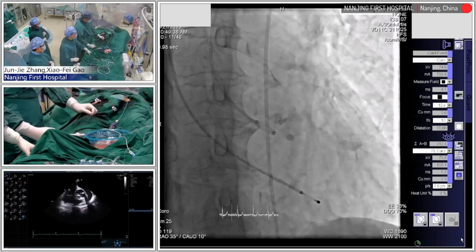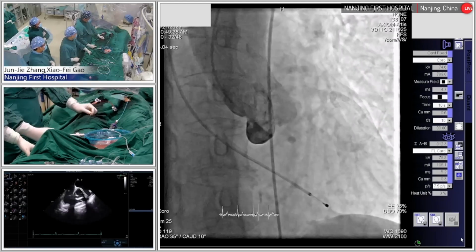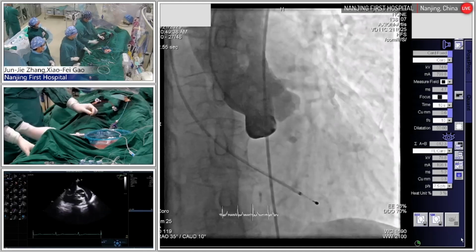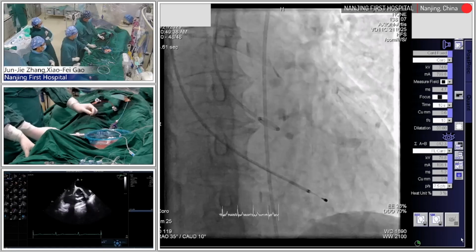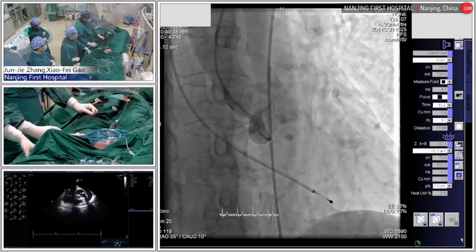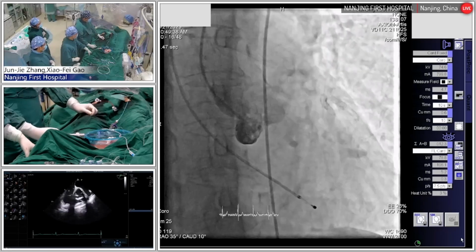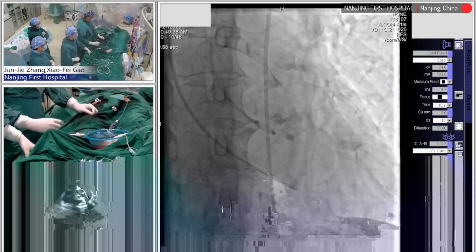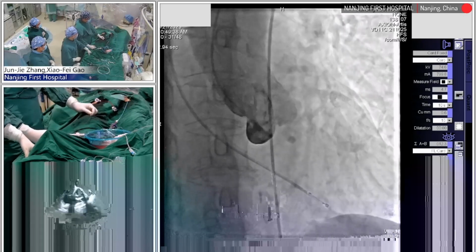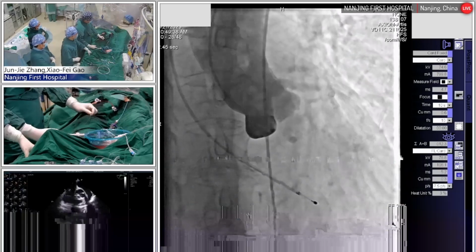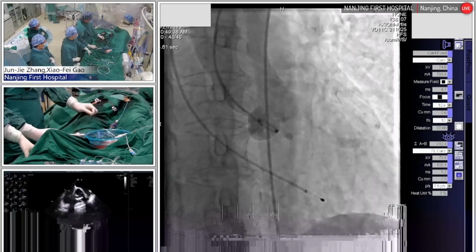You can see there is a lot of calcium. There is a minimal aortic regurgitation from the aortic root angiogram. This is what we have done, and we also inserted a temporary pacing wire from the right jugular vein.